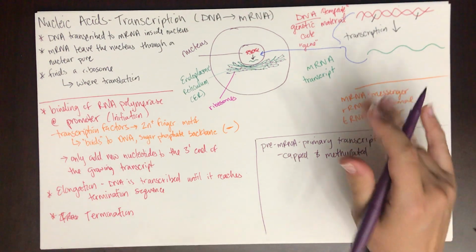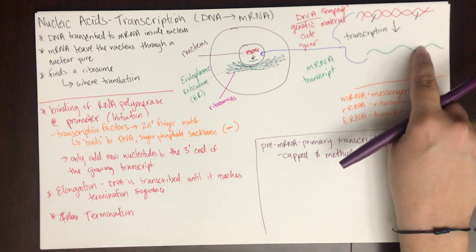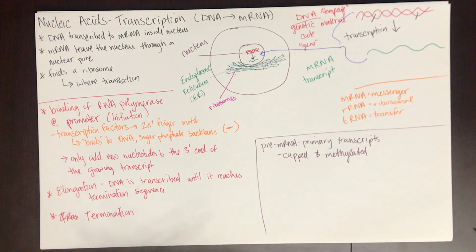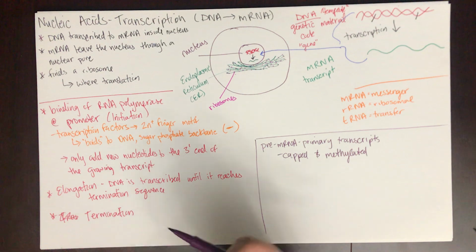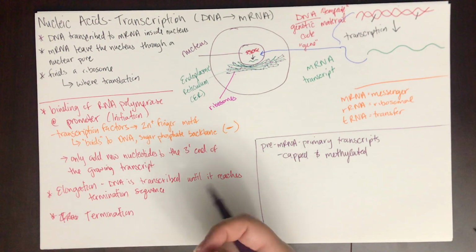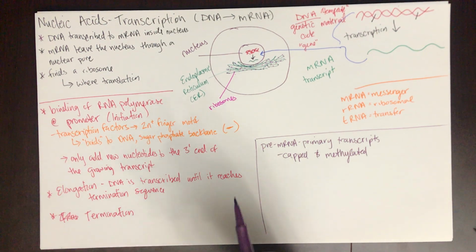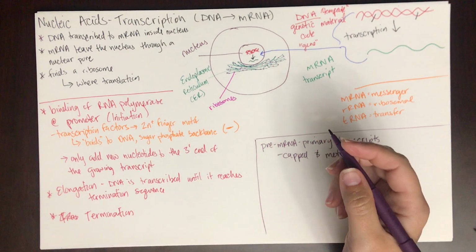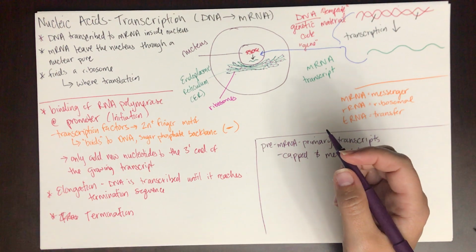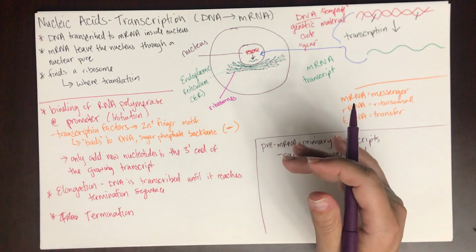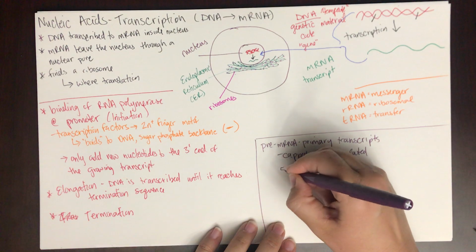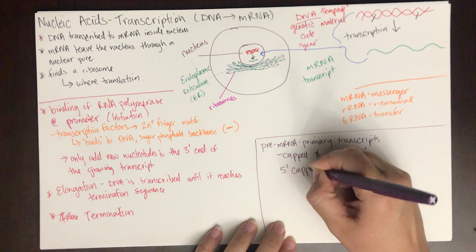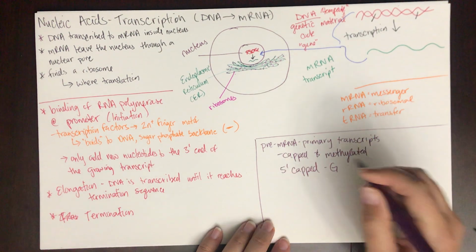This has to do with protecting the transcript once it leaves the safe environment of the nucleus. It's capped by an enzyme called guanylyl transferase at the 5' end. So the 5' end is capped with a guanine.